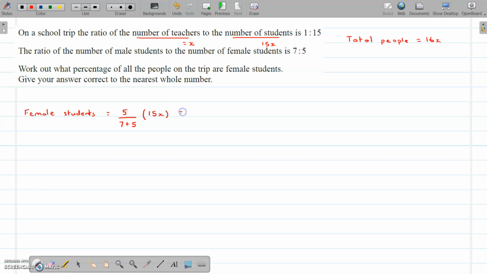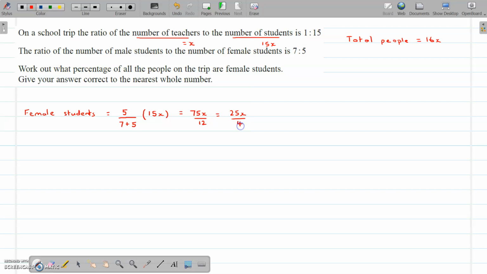and if you work that out, you get 75x over 12. If you divide the numerator and denominator by 3, you get 25x over 4.